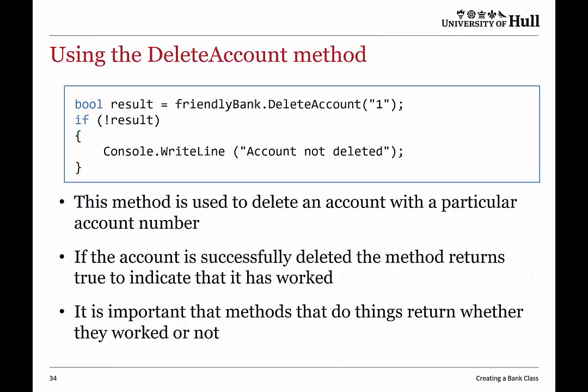Okay. Deleting things. This gets a bit deep, actually. I've got a delete account method that returns true if it worked and false if it didn't. I pondered about this. Here's the profound question.